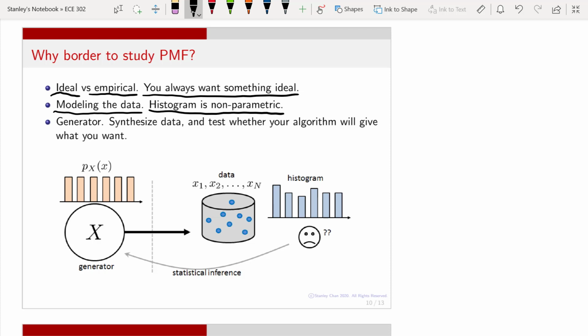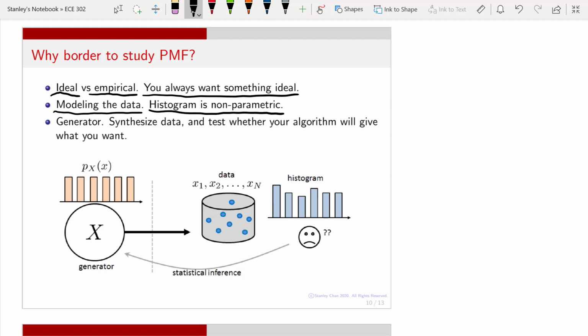Versus a histogram, you cannot. You still need to draw all these bars in order to show the histogram. So in terms of modeling data, with a parametric family, or if you know what kind of PMF you're studying, you have a much better way of describing the data.